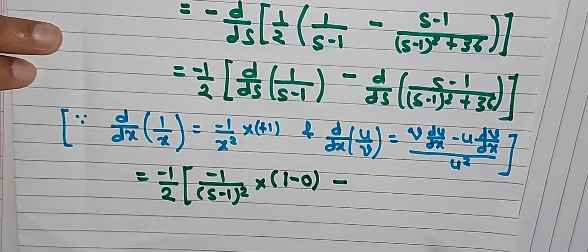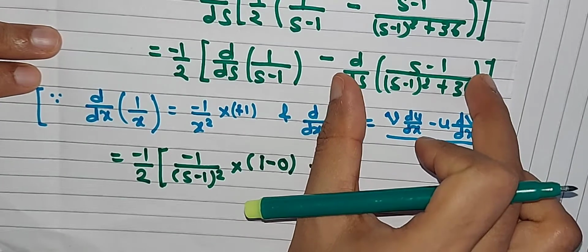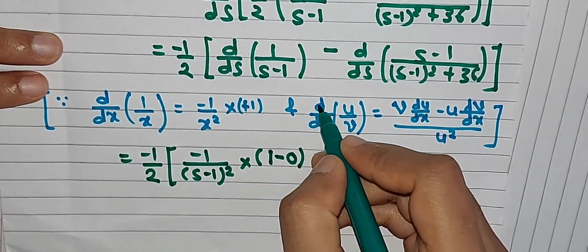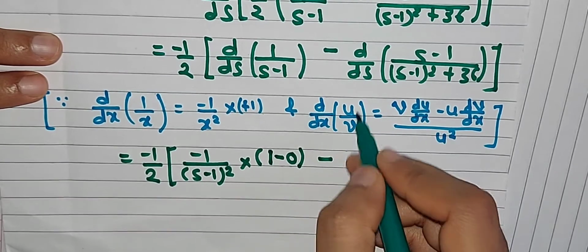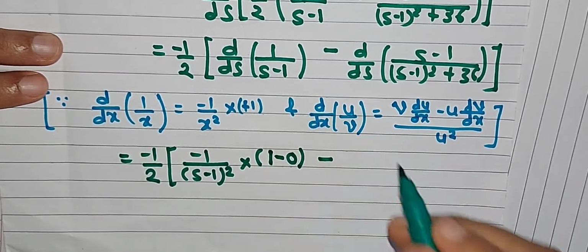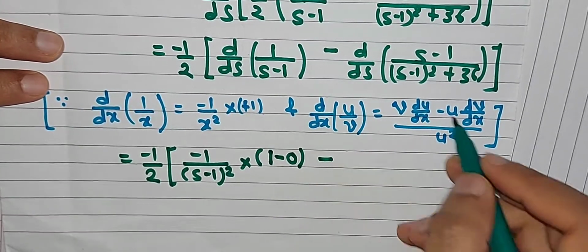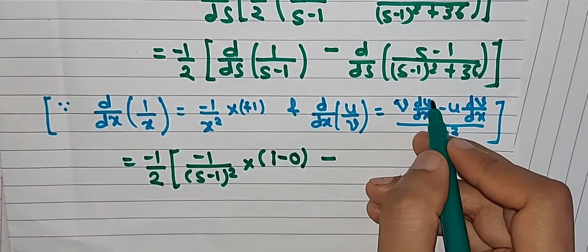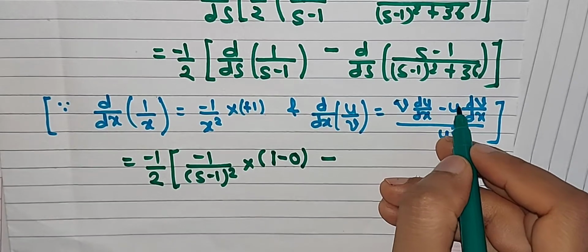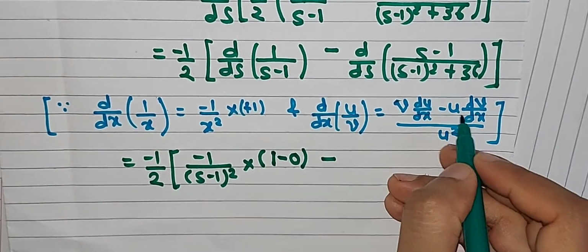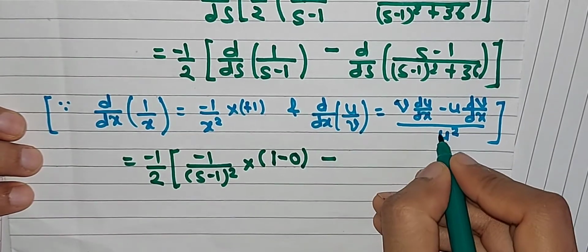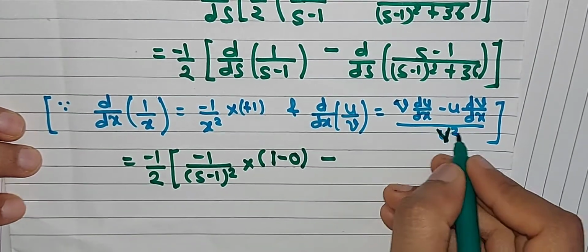Take this minus sign as it is, and to solve this derivative we will use the quotient formula. When we have d by dx of u by v, that will give us this value: take the denominator as it is and take its numerator's derivative, minus, take the numerator u as it is and the derivative of the denominator, divided by v squared, the denominator's square.